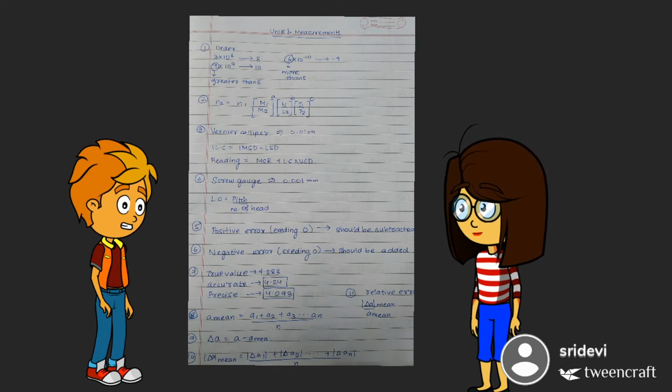Delta a1, which is the change in the value of a1, will be a1 minus a mean. And delta a mean will be delta a1 plus delta a2 plus delta a3 till delta an divided by n. Relative error is delta a mean divided by a mean.